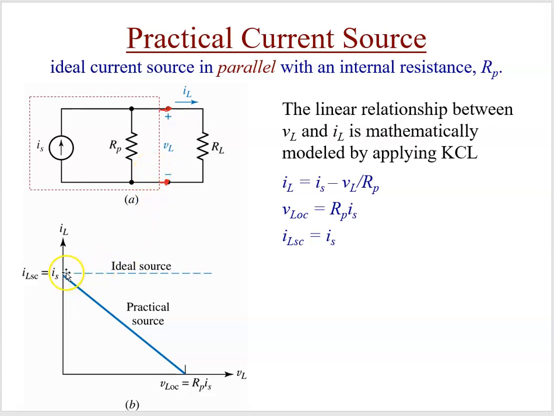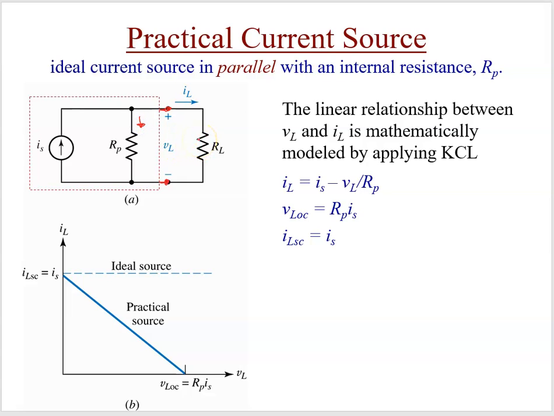So our ideal current source at the output, our IL, no matter how we change that RL across it, the ideal current will always provide an IL of IS. But practically, what's going to happen is some of that current is going to divide as it goes through this resistor.